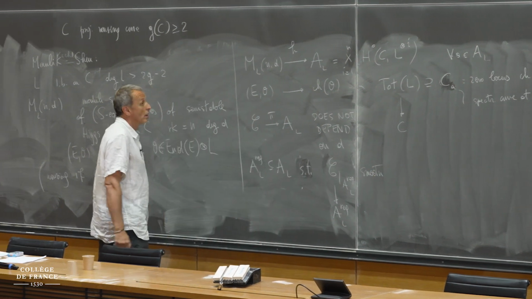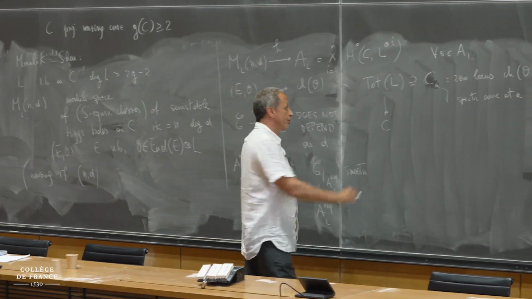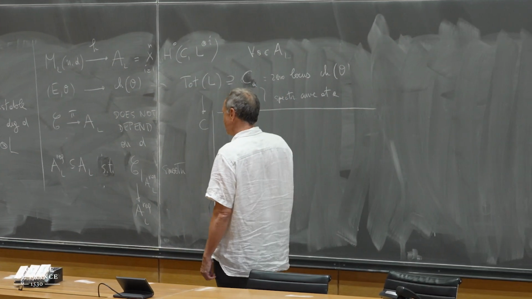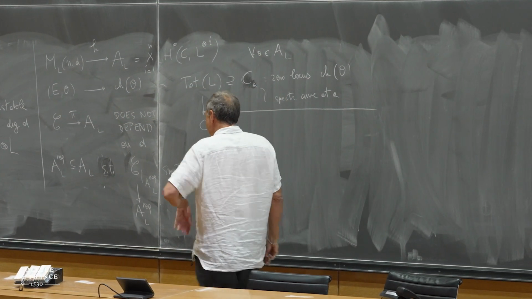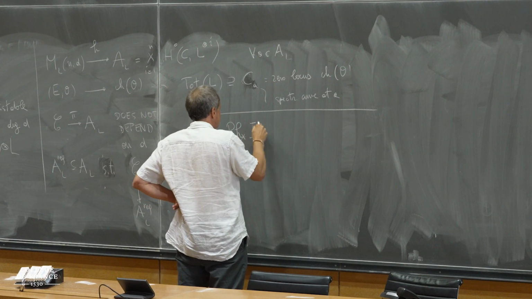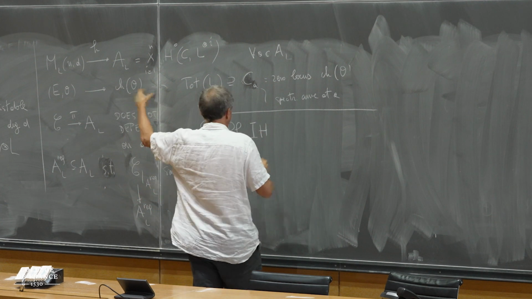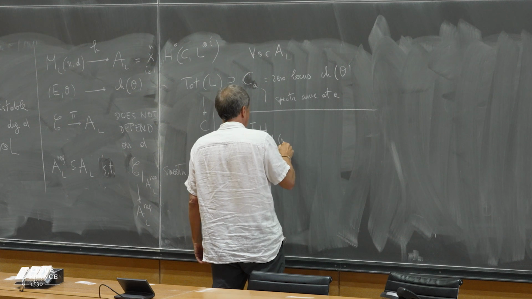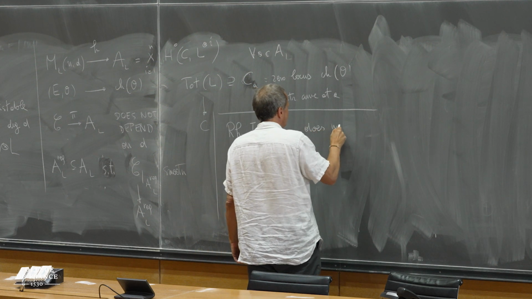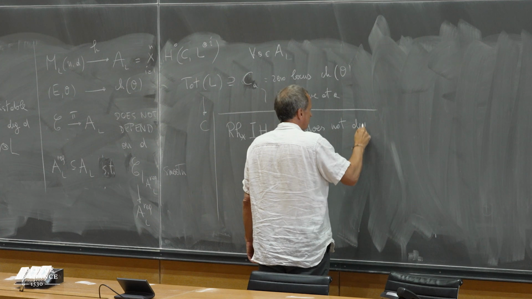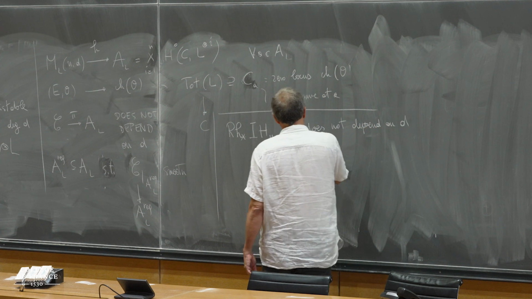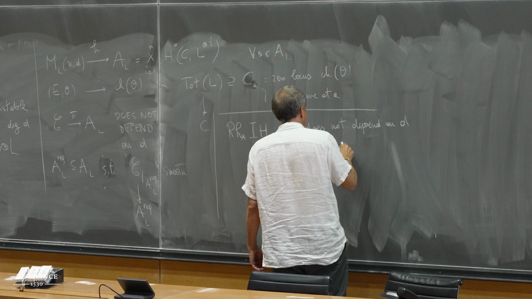Now, what Maulik and Shen prove is the following, which is quite surprising: the derived direct image of the intersection cohomology complex of M_{n,d,L} does not depend on d. They call this property chi-independence.